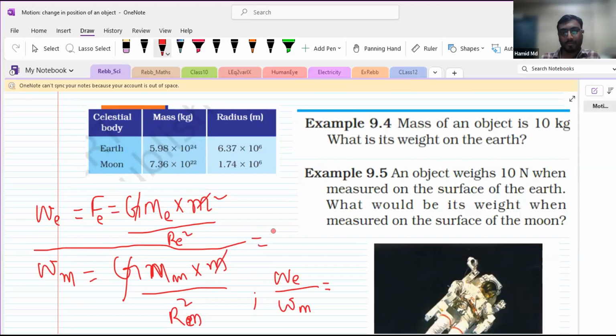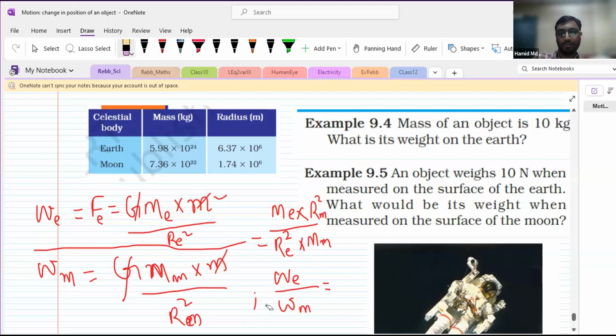So I will be writing M_E divided by R_E squared, and here will be M of M multiplied by R of M squared. Clear?